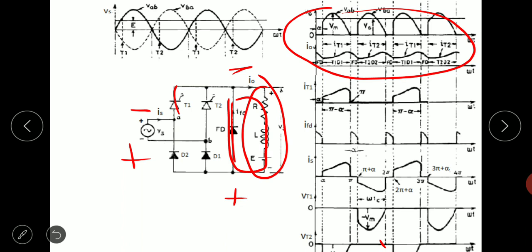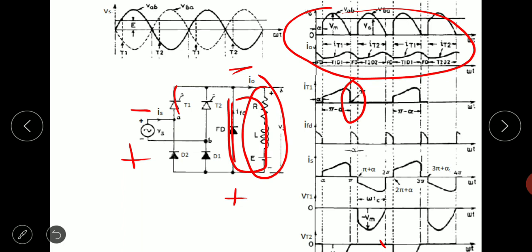A change you can see is in the thyristor current IT1. The thyristor is now conducting only from angle alpha to angle pi. So the load current between alpha and pi will be the thyristor IT1 current, and between pi and pi plus alpha, the current is flowing through the freewheeling diode.